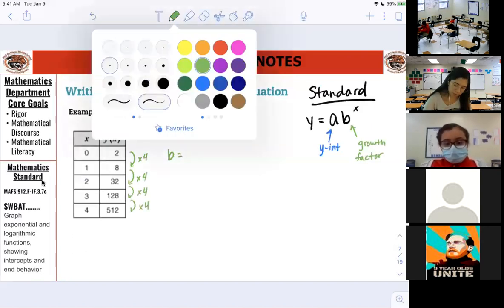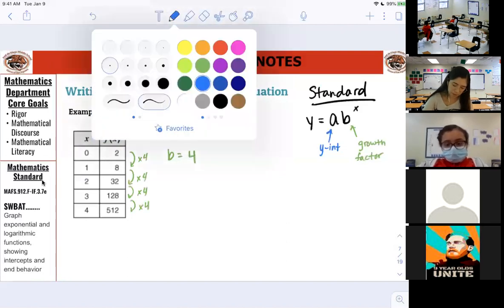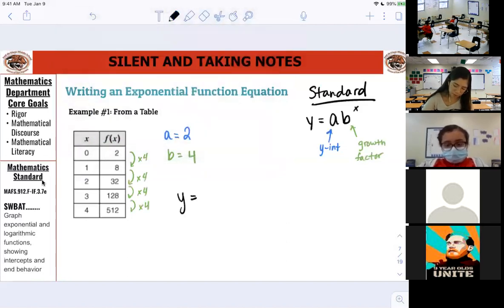So therefore, my B is 4. What's the A? Would it be 2? 2. Good. So my equation would be y equals 2 times 4 to the power of x. Pretty easy, not bad, right? Questions?